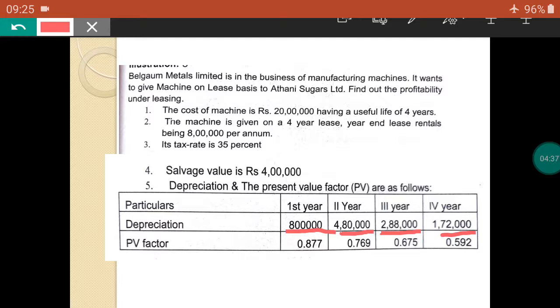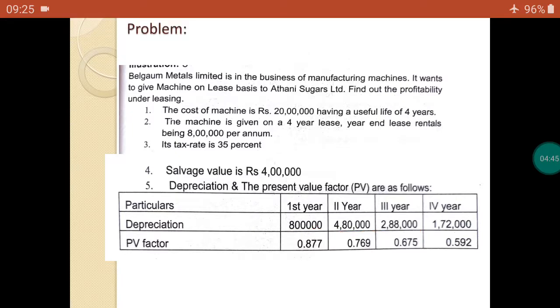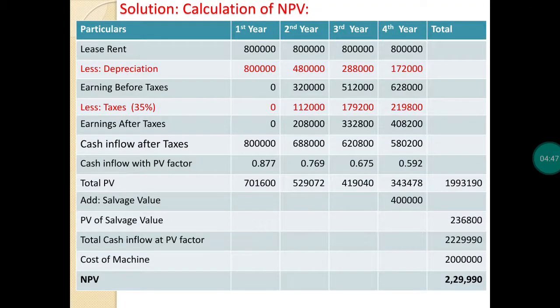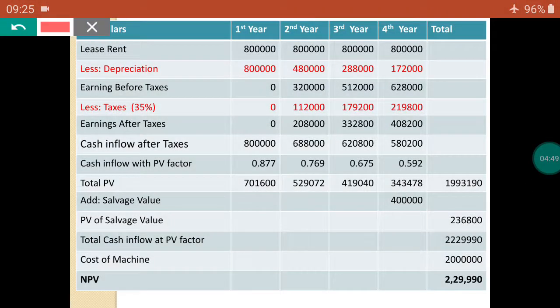These are the depreciation values, and we put them here. Lease rent is 8 lakh rupees every year, and depreciation is declining every year.